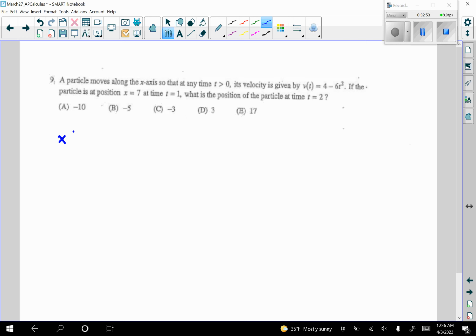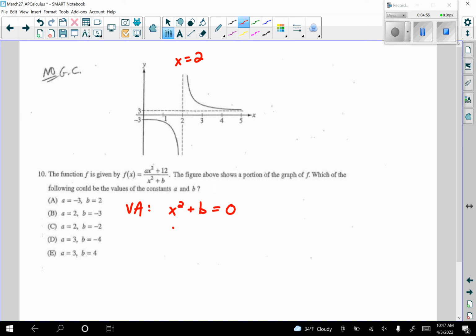So in order to find b, we're going to substitute in the 2 for x. So we'll just get 4 plus b is equal to 0, therefore b is equal to -4. Now what's nice, I'm still going to show you how to find a, but we only have one value of b at -4, so we could kind of jump to that conclusion here. But we're going to take the horizontal asymptote, which is y equals 3, and that occurs, remember, limits at infinity is how we can also calculate the horizontal asymptotes.